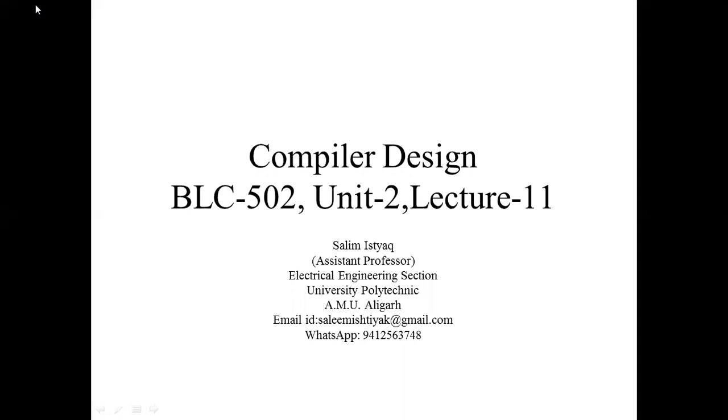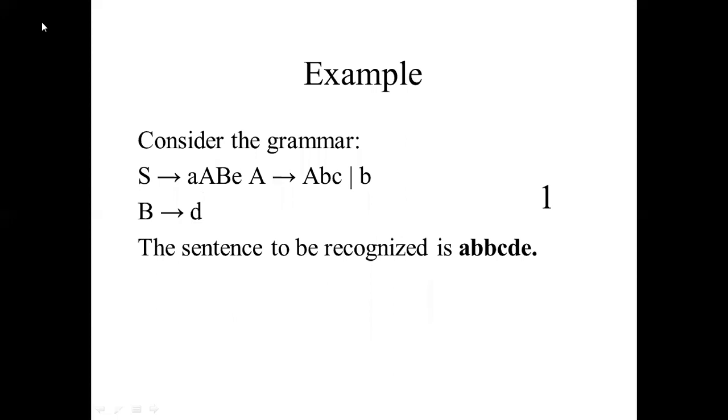So just to be clear, there are a few things you can easily understand, and again we are going to concentrate over that. We will do more practice. Now we are considering one of the grammar.